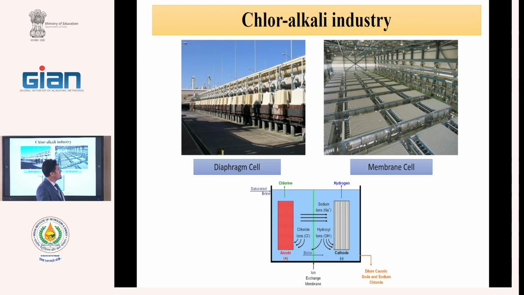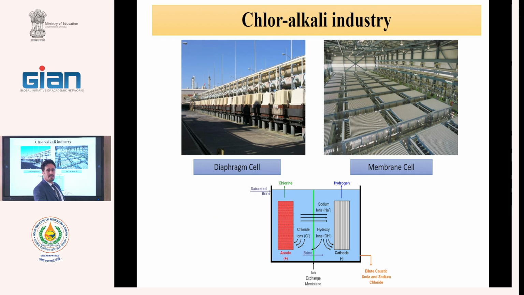Before membranes, usually the diaphragm separator was used, and before the diaphragm separator, usually the mercury method was used. The mercury method is very dangerous, and today membranes such as this are used for the production of chlorine gas, hydrogen gas, and hydroxide from NaCl solution.